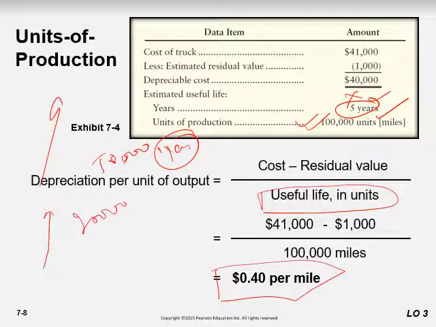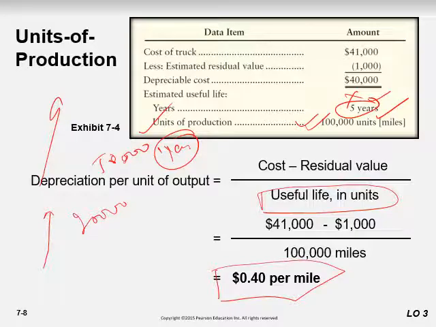So unlike the straight line method, the unit of production method results in different depreciation expenses according to the usage in units of the assets.